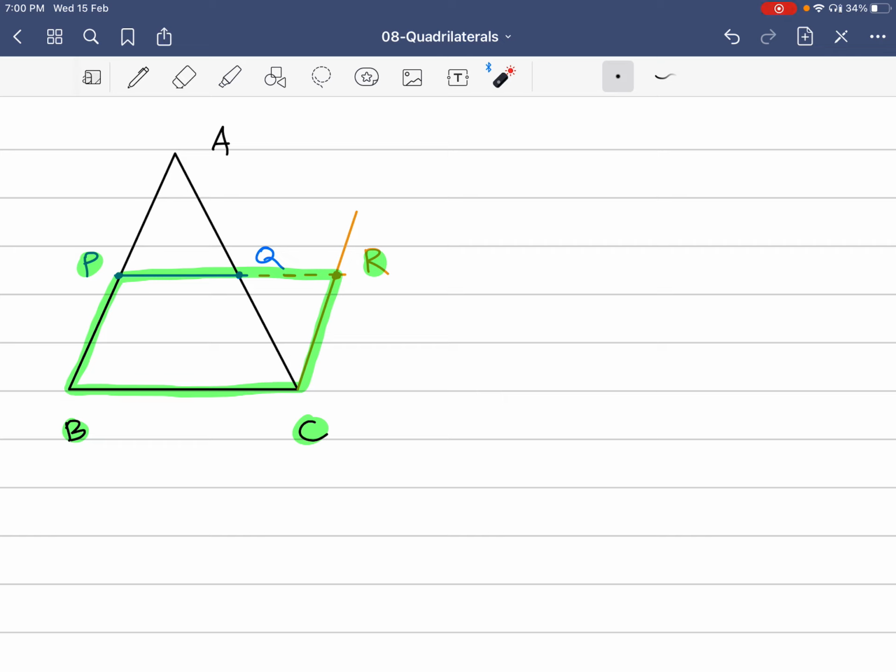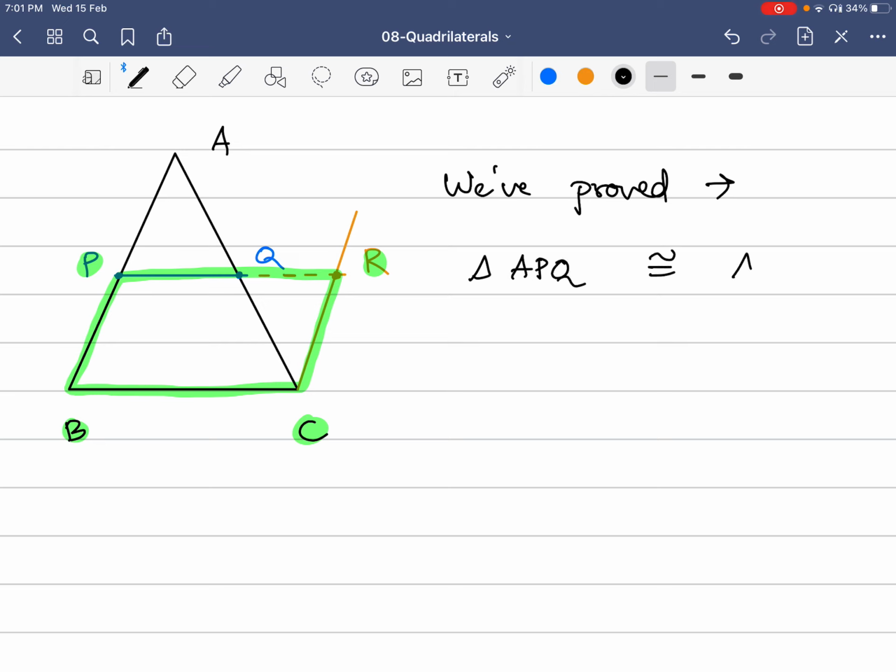Now, we have also proved that this triangle is congruent to this triangle. I'm going to note it down. What did we prove? The triangle APQ is congruent to triangle CRQ.